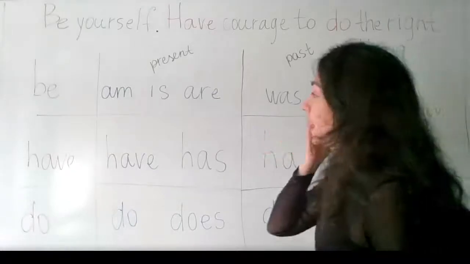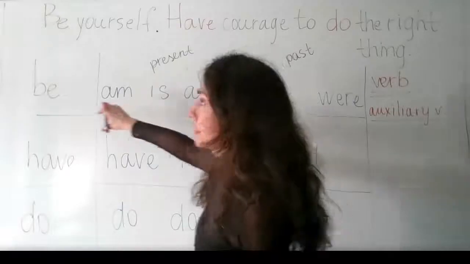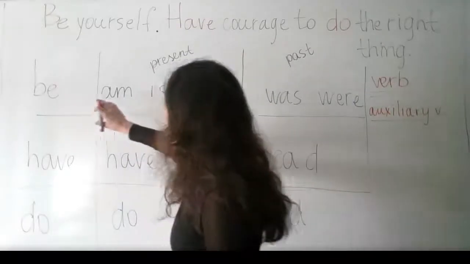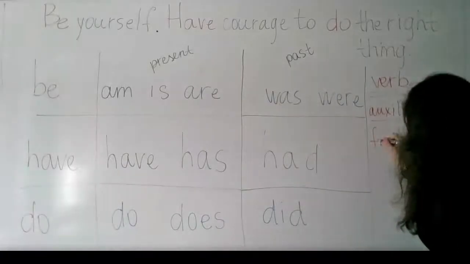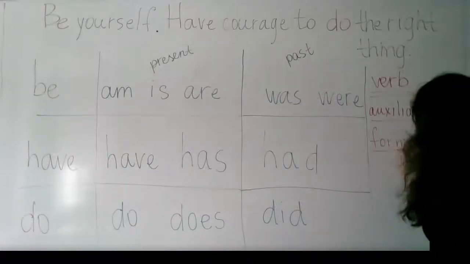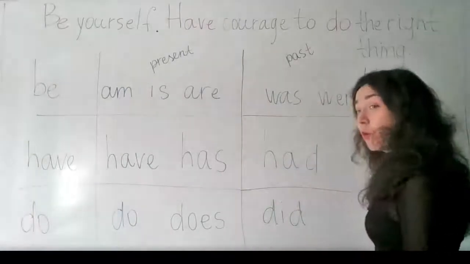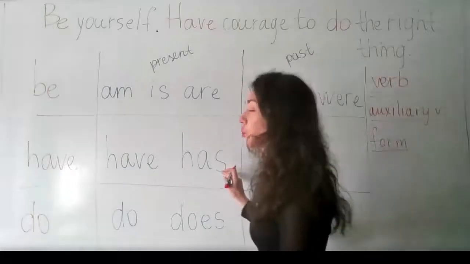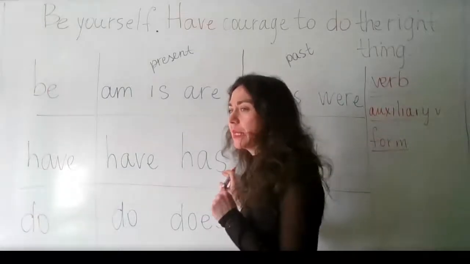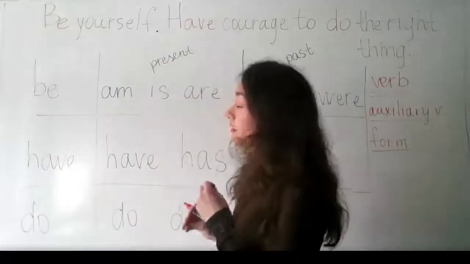You notice that I have written different words to the side of these verbs. These words are called forms of verbs. If I say a form of the verb, I mean that this word has the same meaning as the first form that they have, infinitive form.